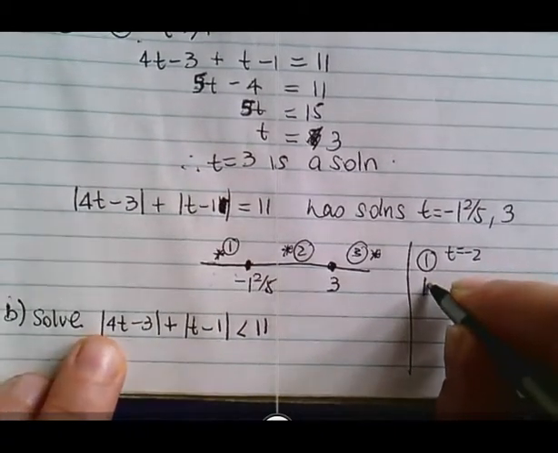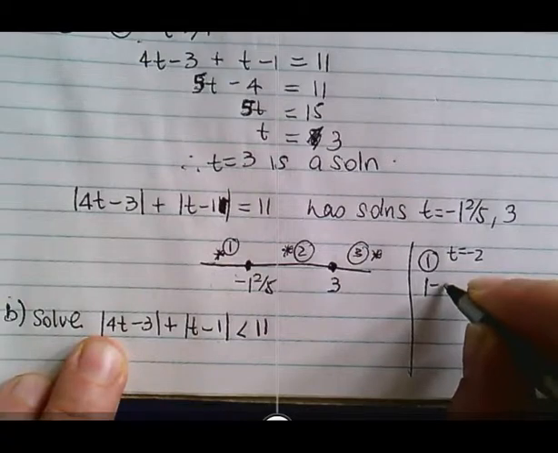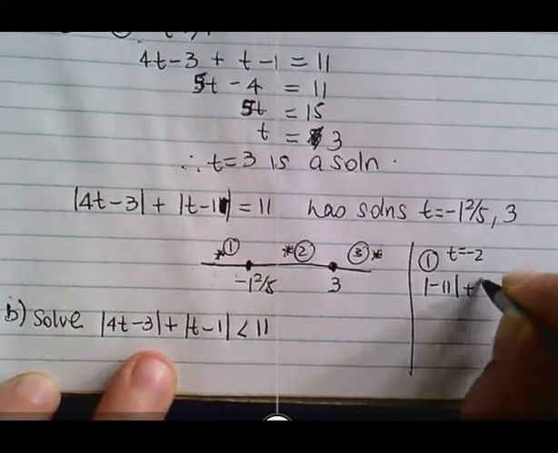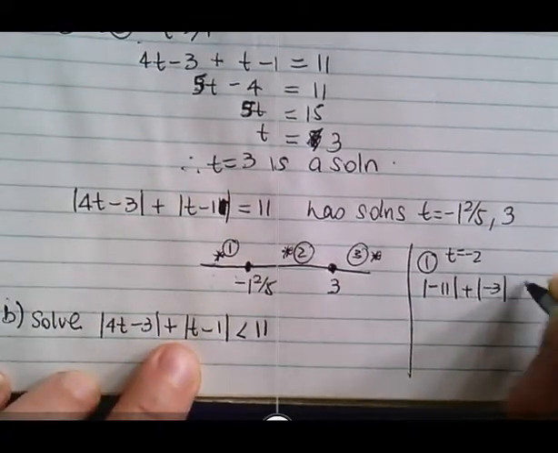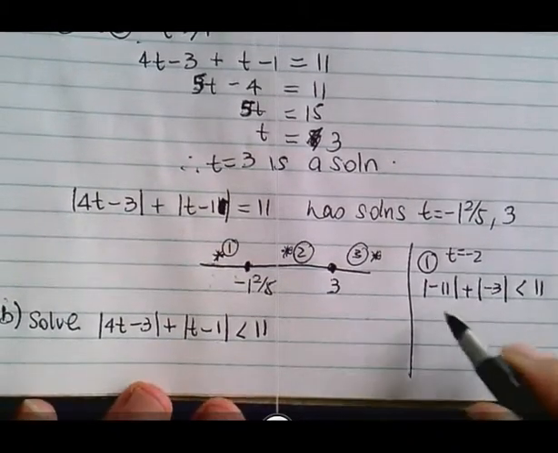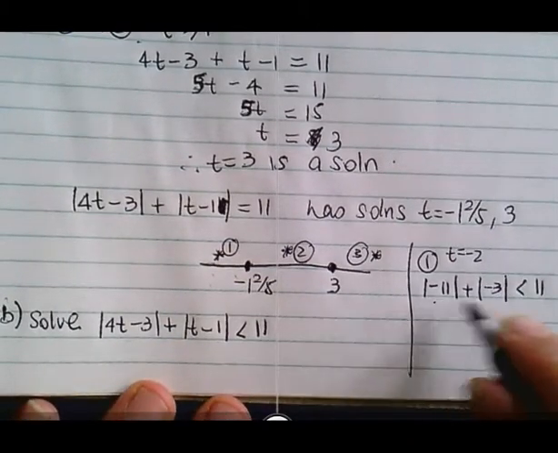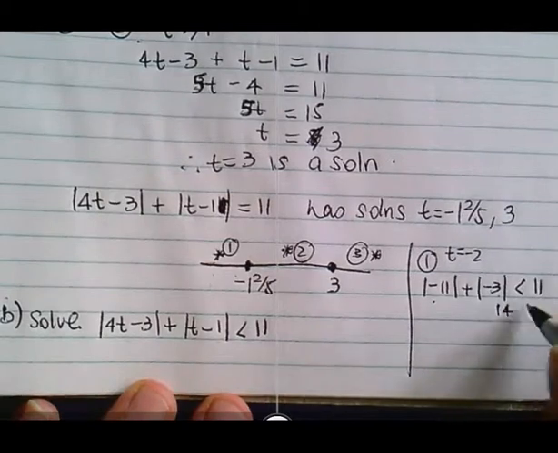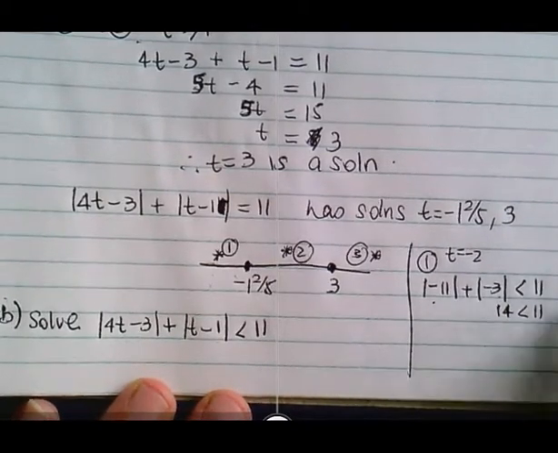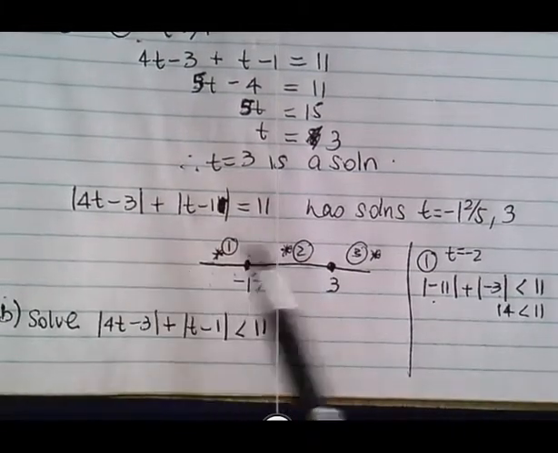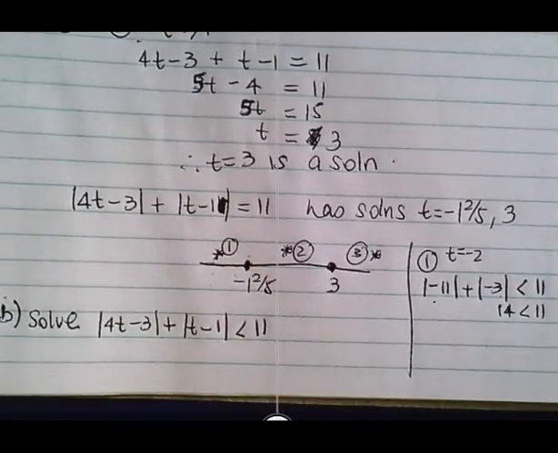Absolute value of negative 11 plus absolute value of negative 3 is less than 11. Is this true? 11 plus 3, 14 is less than 11. Is that true? No. So in other words, t less than negative 1 2/5 is not a solution.